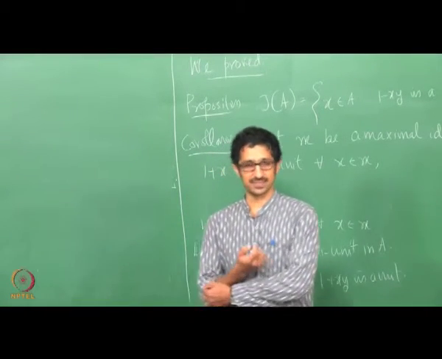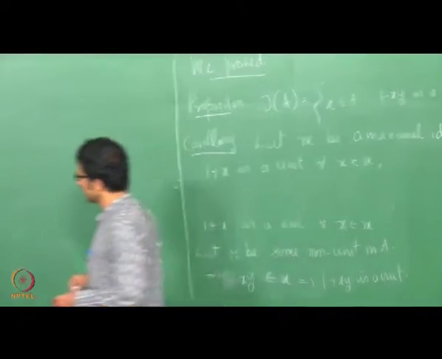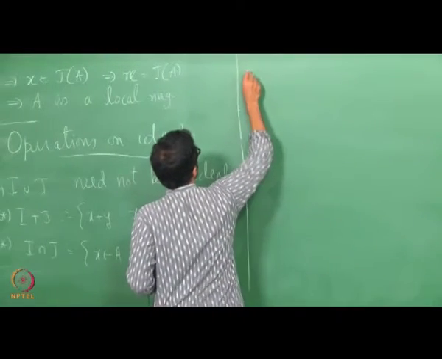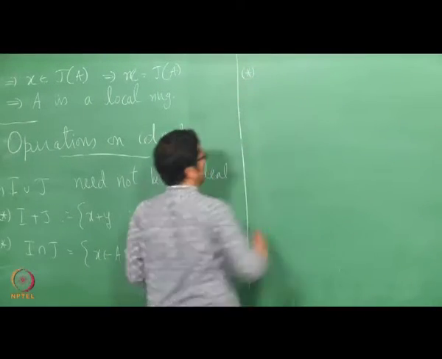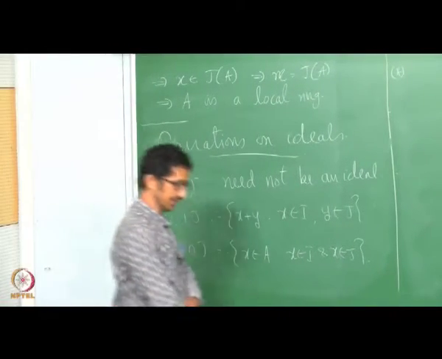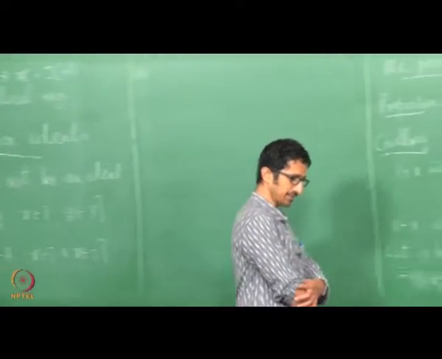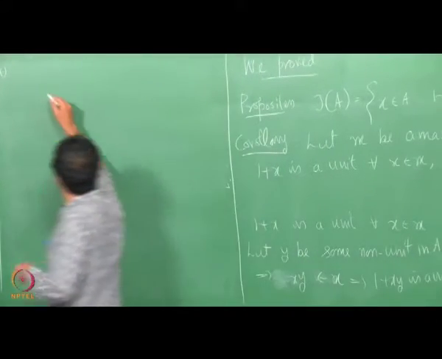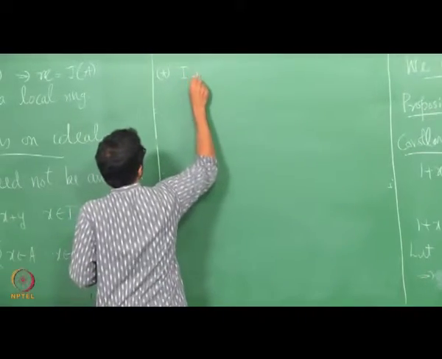Intersection of two ideals is again an ideal. Another operation that you have probably not seen so far in vector space theory or group theory is IJ, the product ideal IJ.